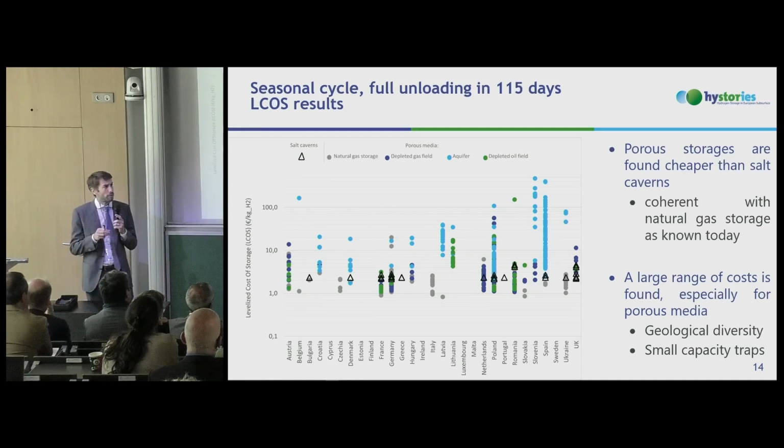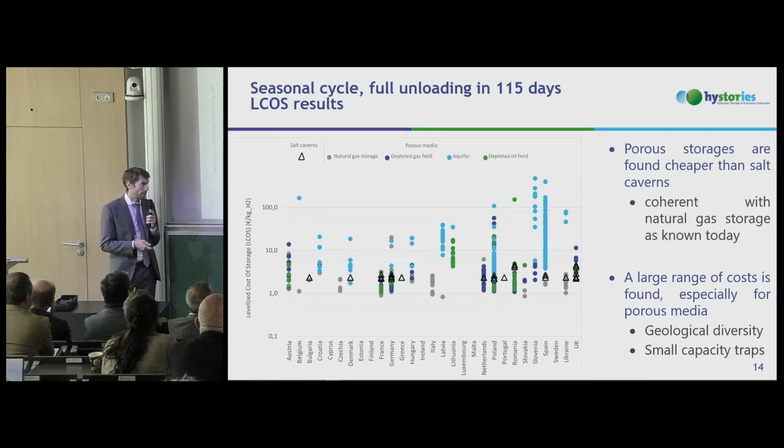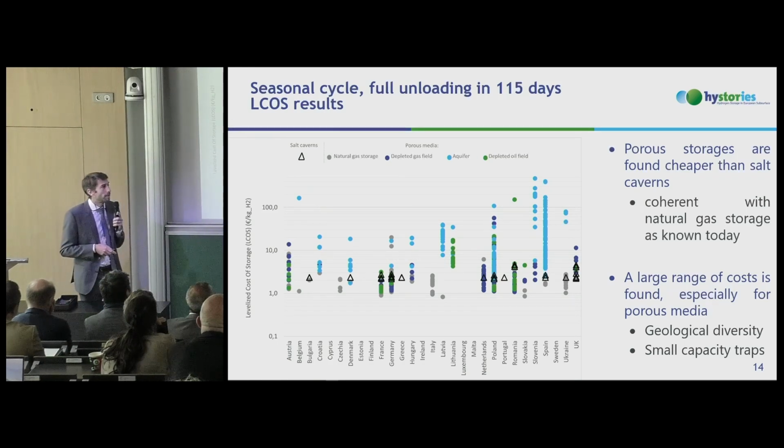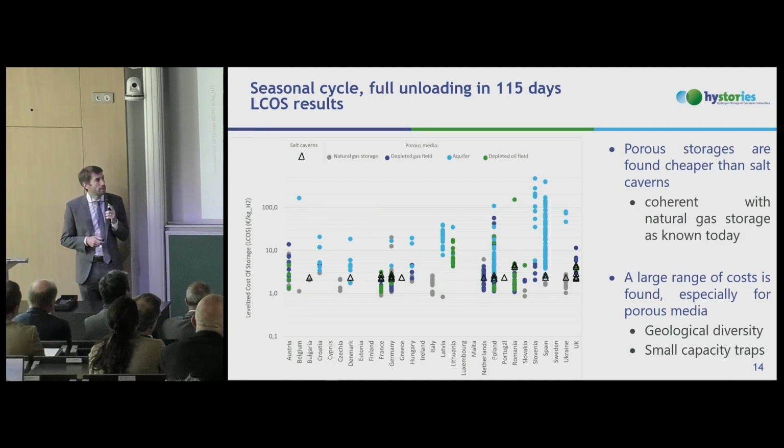So it gives us one cost. This is one point you see here. Here you don't see that very well, but there are 800 points. Each porous trap has one single levelized cost of storage that has been estimated through this parametric cost model applied to the parameters given by the geological data and the capacity estimation data. So this is for porous media.